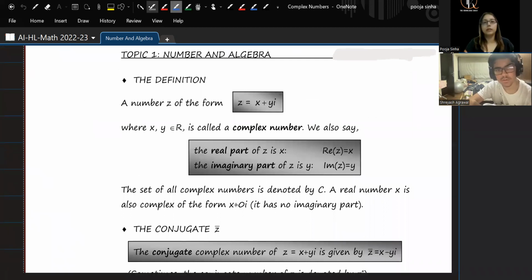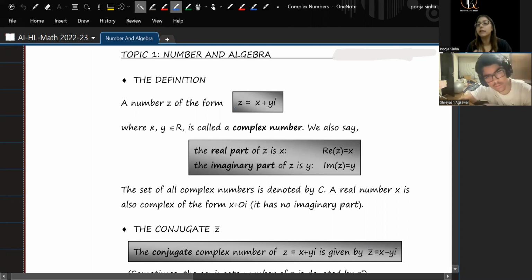Now if you look at this, these imaginary numbers will always come with an i, right? There's a standard form for everything. You write the imaginary number Z as X plus Yi, and this whole thing is called a complex number.